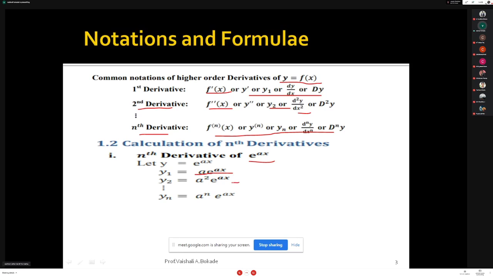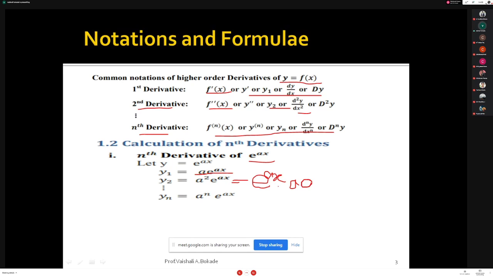So you will get e raised to ax into the previous a I already had in y1. So a into the derivative of e raised to ax gives e raised to ax into a again.